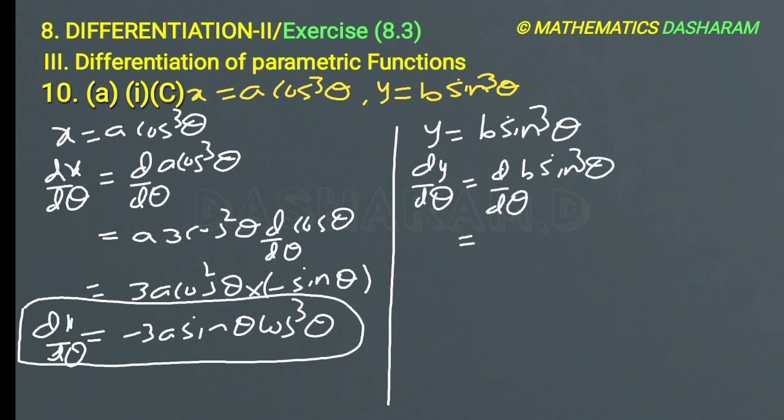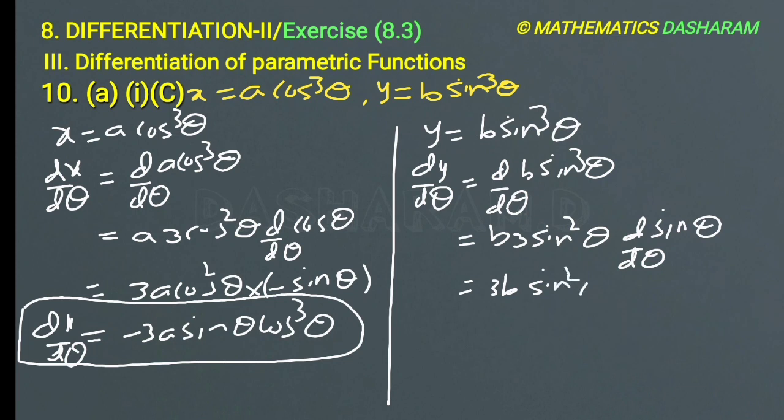It is the same as the previous one. b is a constant number, 3 sin square theta, and the derivative of the other function, that is sin theta. So it equals 3b sin square theta, and the derivative of sin theta is cos theta. So this is dy by d theta.